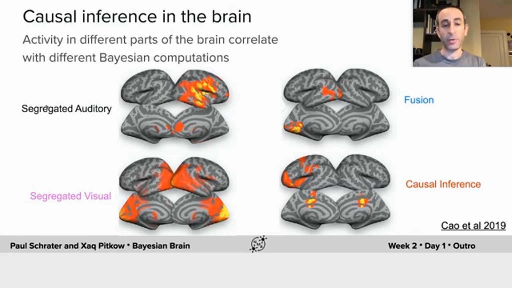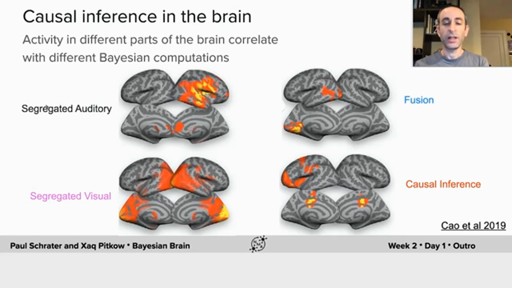So some areas of the brain were responsive specifically to the auditory information. No surprise, those are the auditory areas. Some areas of the brain were more sensitive to visual information. Then there were some other areas, getting deeper into the cortical hierarchy, that were sensitive to the fusion of those two forms of sensory evidence.